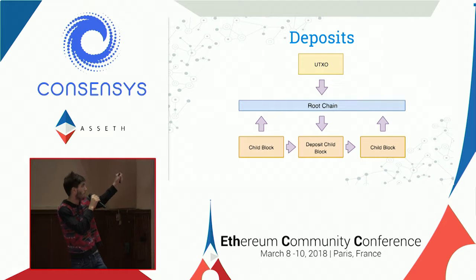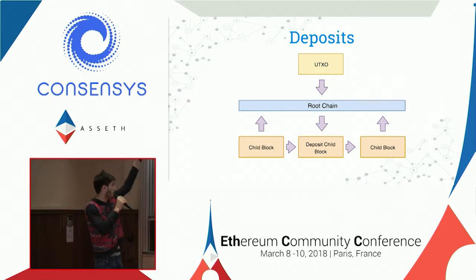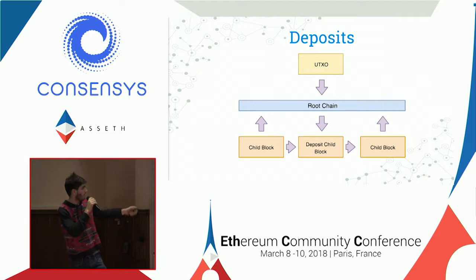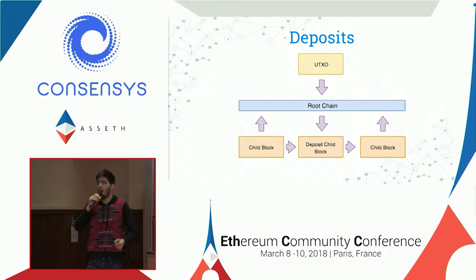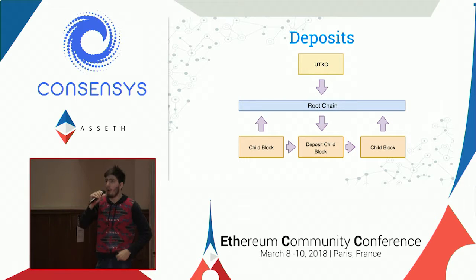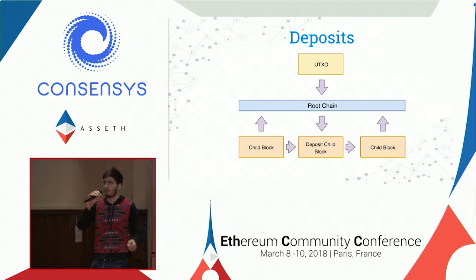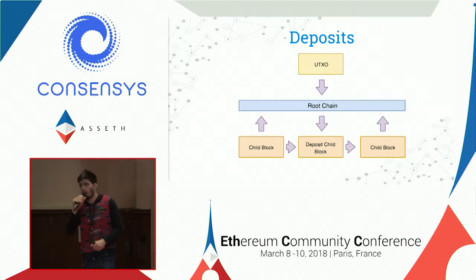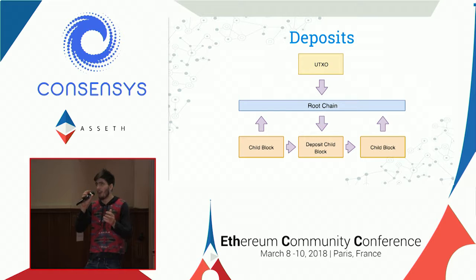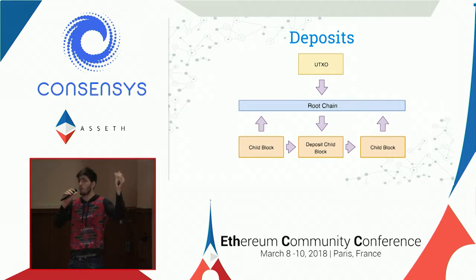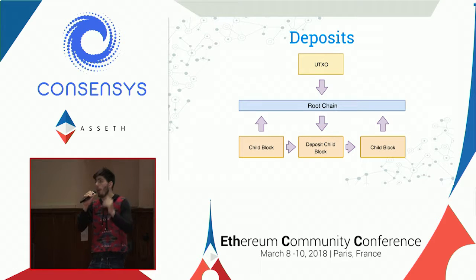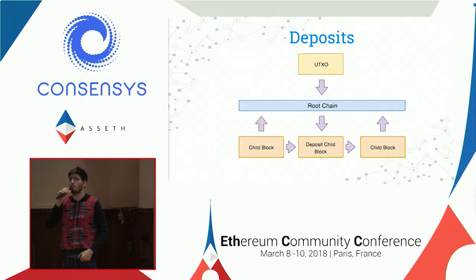In the case of Plasma MVP, a user deposits funds, and for simplicity's sake, this actually creates a new block of the child chain on the Plasma smart contract on Ethereum. And this is super cool because before we had to deal with two types of withdraws. One where a deposit was made, but it never showed up on the child chain, and then you had to prove that you made a deposit.